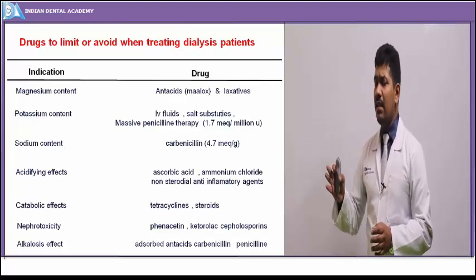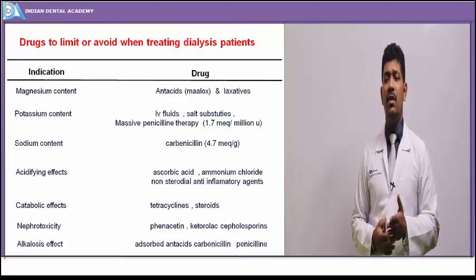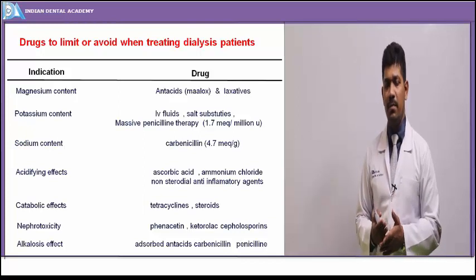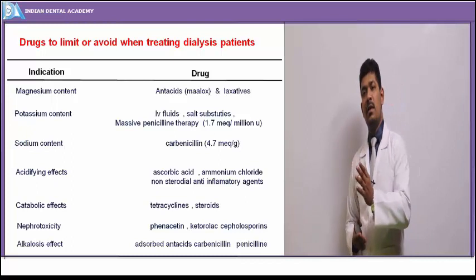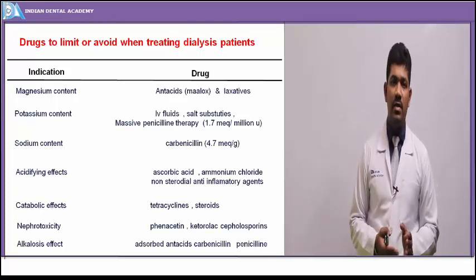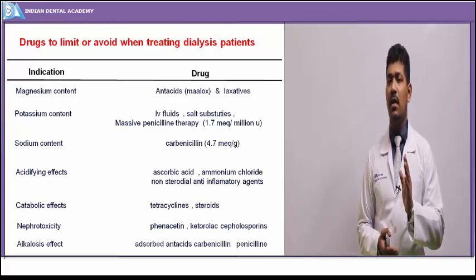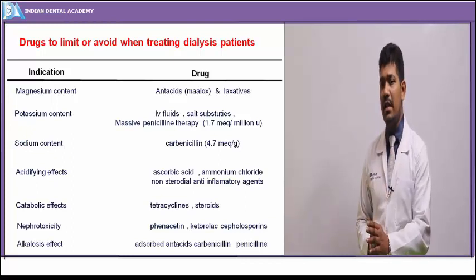Now, coming to prescriptions, even the medications which we prescribe have to be dealt with very carefully, since most medications undergo first pass metabolism in the liver and excretion in the renal system.